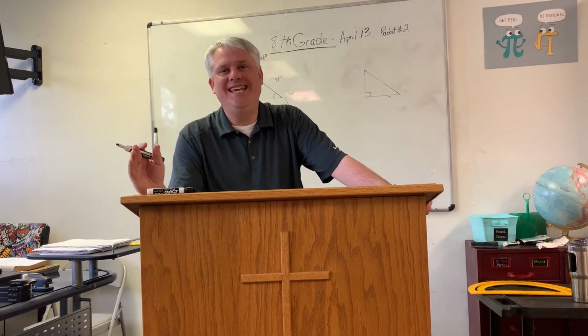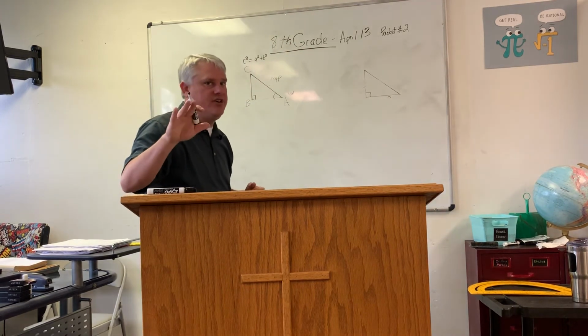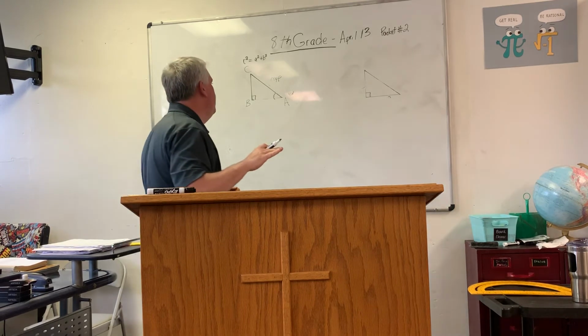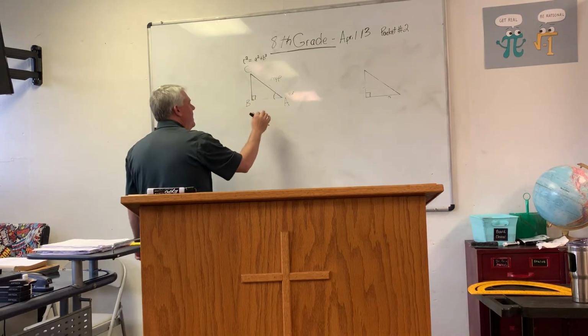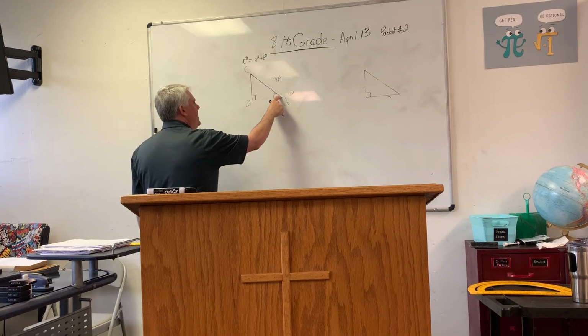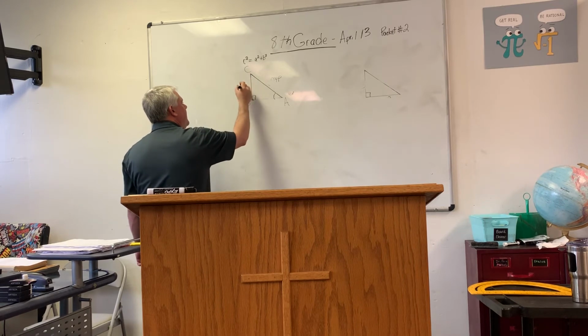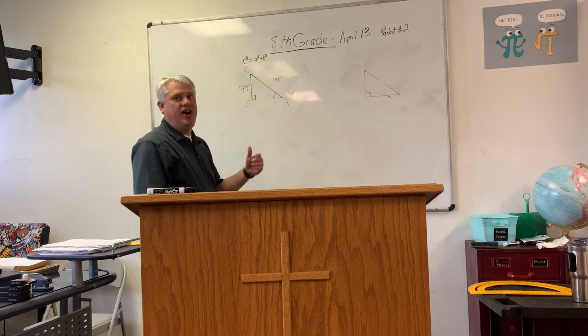So you look at the indicated angle and take your finger directly across. It's never going to be the hypotenuse, okay? It's going to be the opposite leg. So if we take our finger from indicated angle A, and we go across here, this is a leg, and this then obviously is the opposite leg.